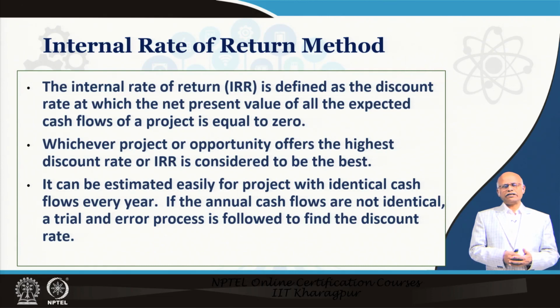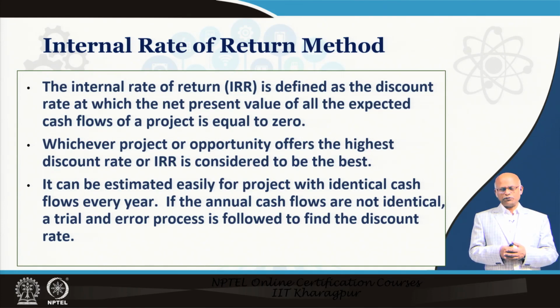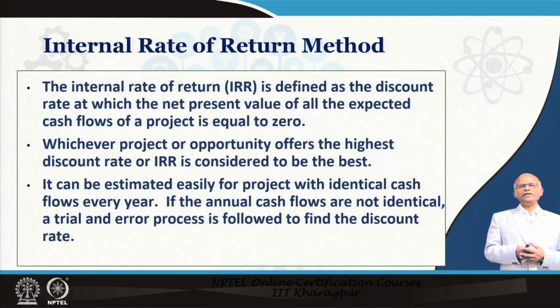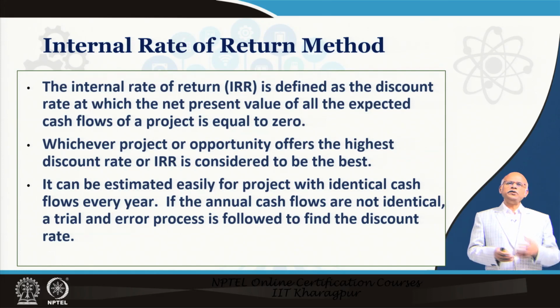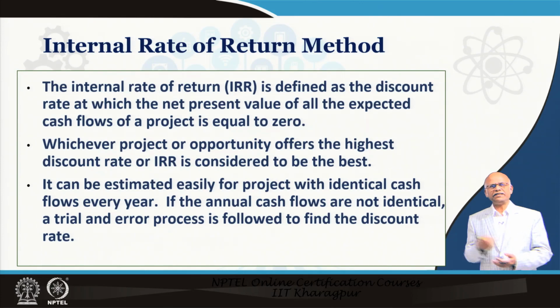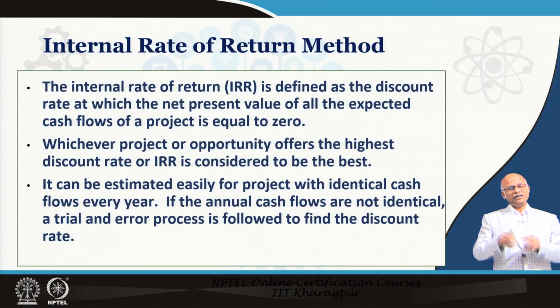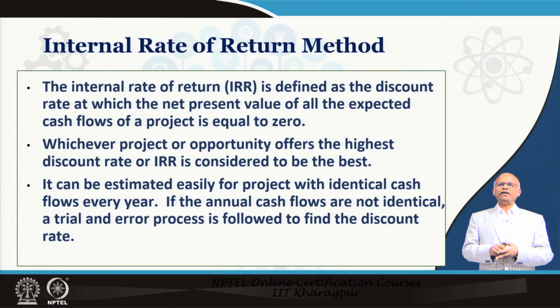But there is a shortcut, that is, if the cash flow is equal. In the examples that we showed, this is very hypothetical, and normally no business is going to return you equal amounts of cash flow, but for simplicity we have assumed equal cash flow. But suppose you invest some money in a bank, a fixed deposit, or say you give the money to somebody and they promise you an absolute return, say something like 50,000 rupees per month.